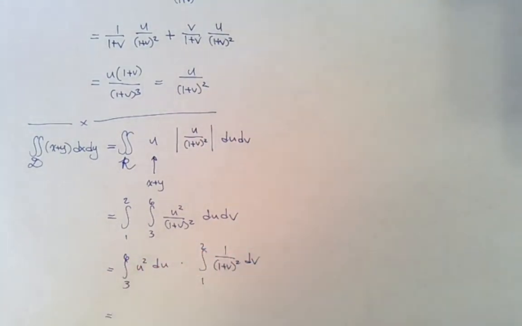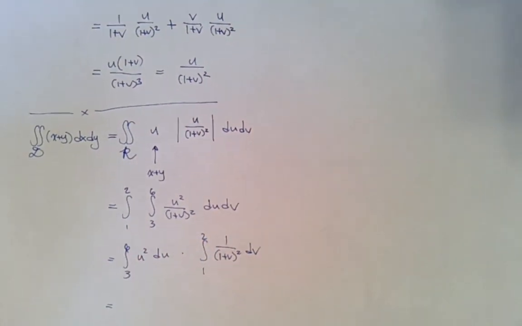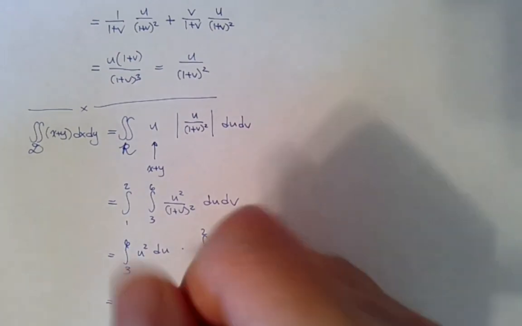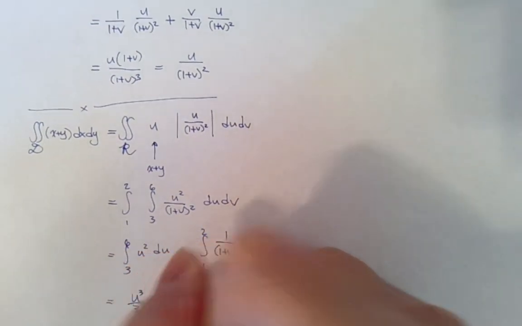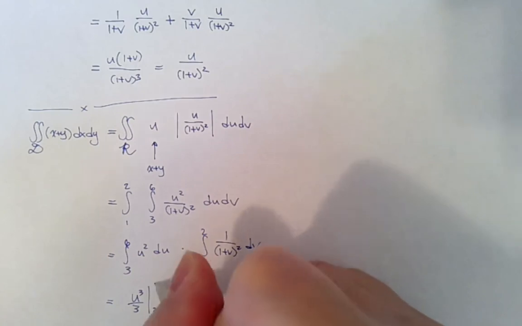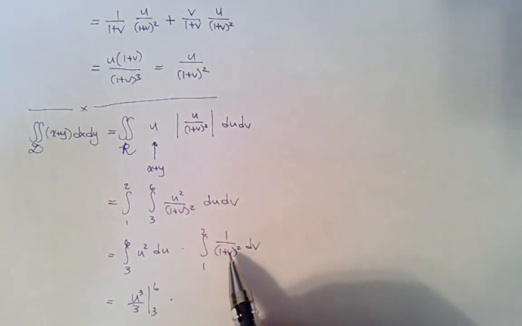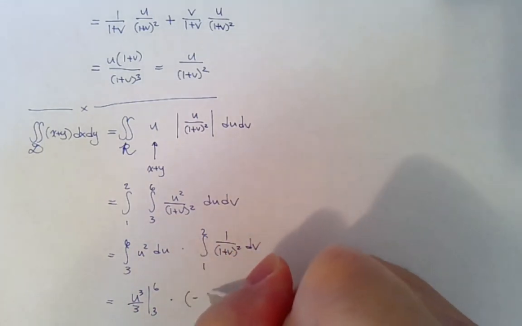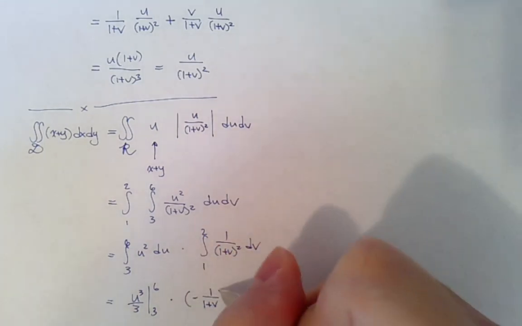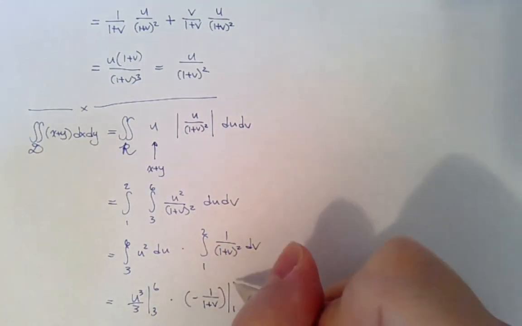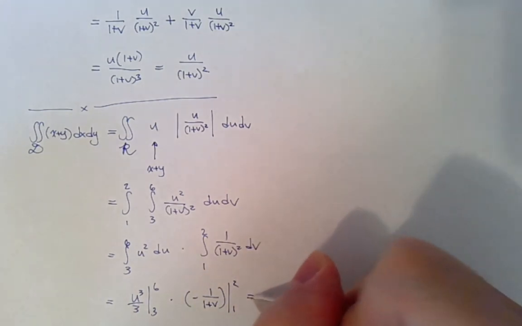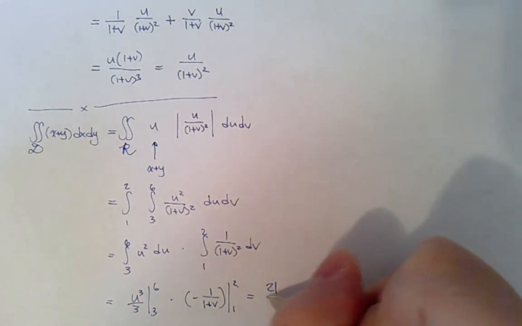At this point I don't really want to do it, but this is easy enough, so I'll write it out. u cubed over 3 evaluated from 3 to 6, and then times the integral, which is negative 1 over 1 plus v evaluated from 1 to 2, and that's equal to 21 over 2.